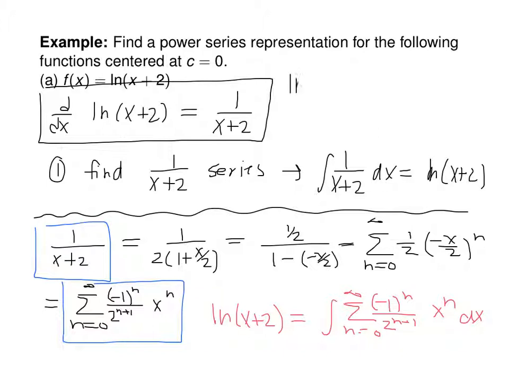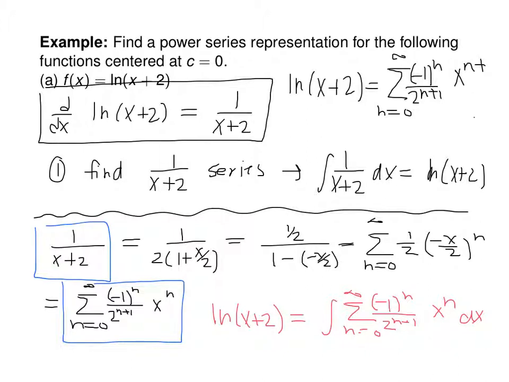So we have that ln of x plus 2 is represented by the sum from n equals 0 to infinity of (-1)^n over 2 to the n plus 1, times x to the n plus 1 over n plus 1.